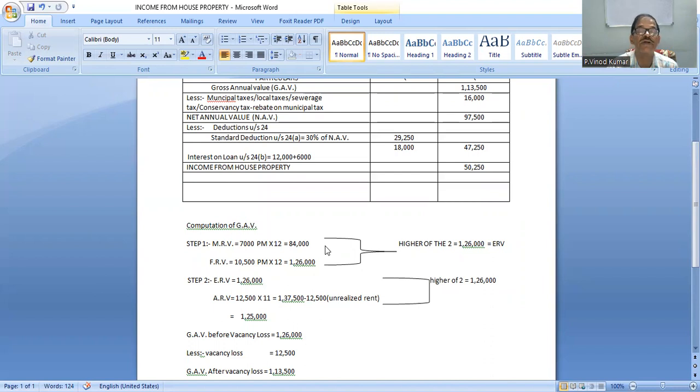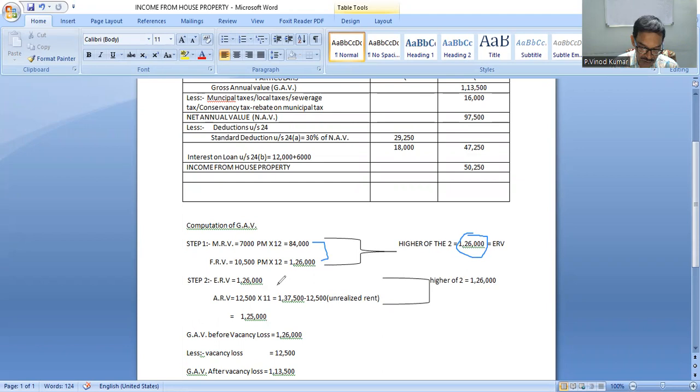You convert into 12 months for a year, you will get 1,26,000. Higher of these two, that is 1,26,000. That is called ERV, expected rental value. Now, step 2, we compare the expected rental value with the actual rental value.